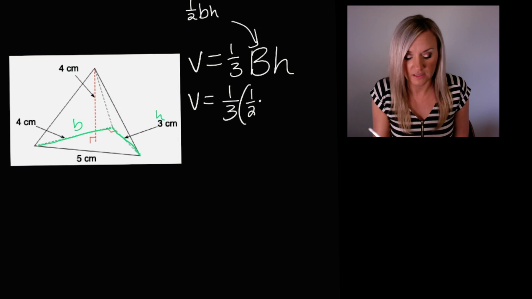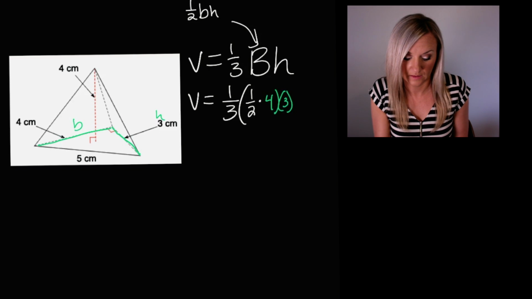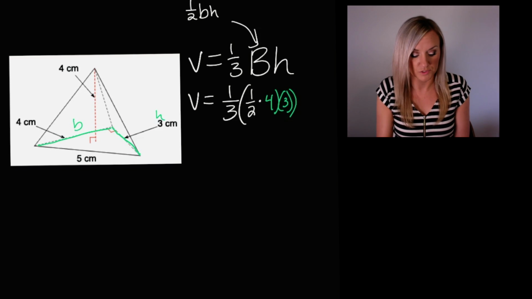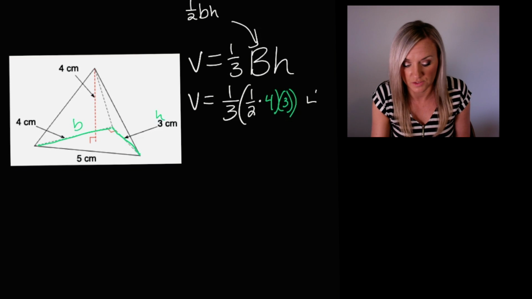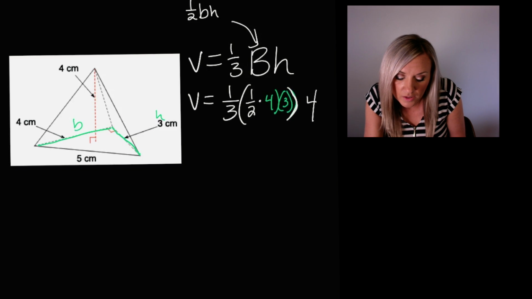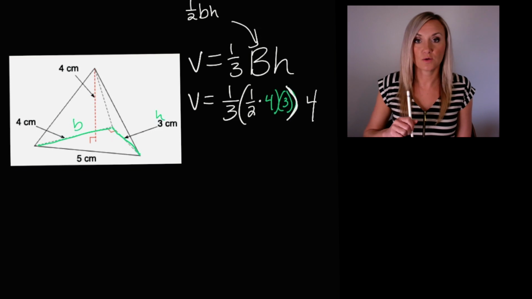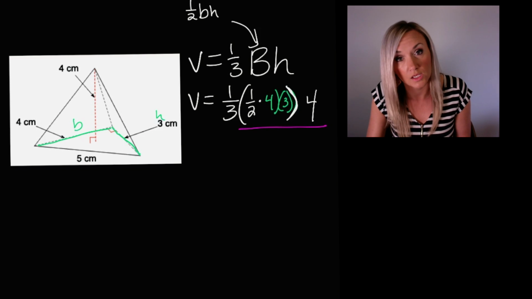So 1/2 of the 4 times the 3, and then we multiply by the true height of our pyramid, which is 4. There we go. Now what I would like to do is everything here.